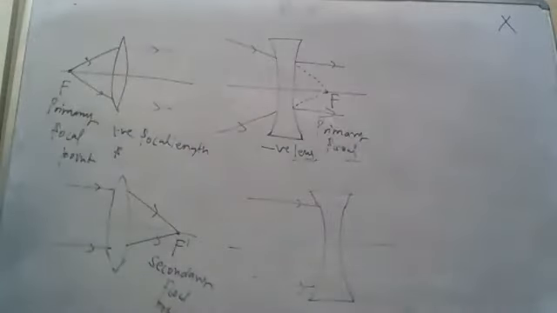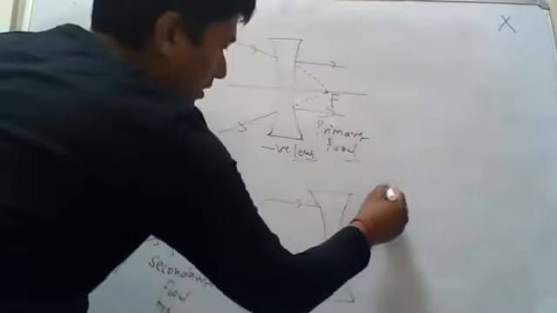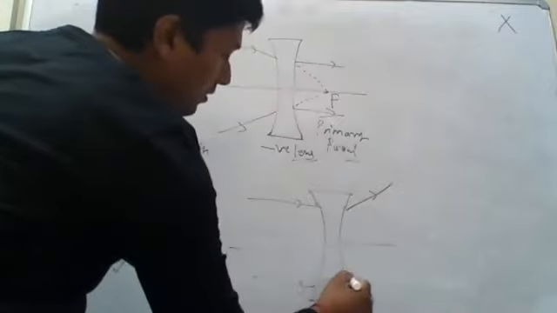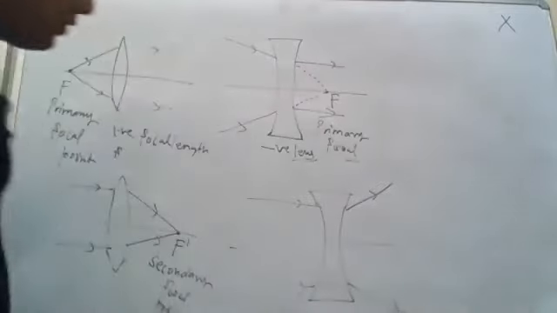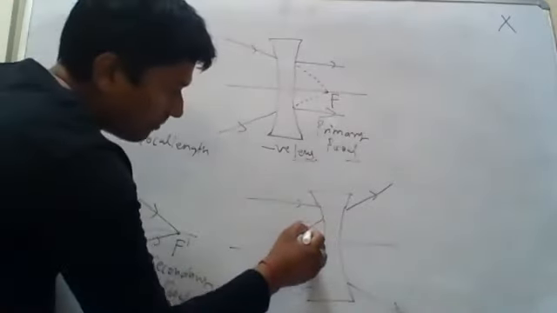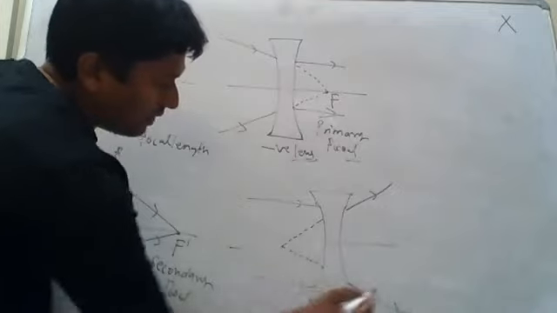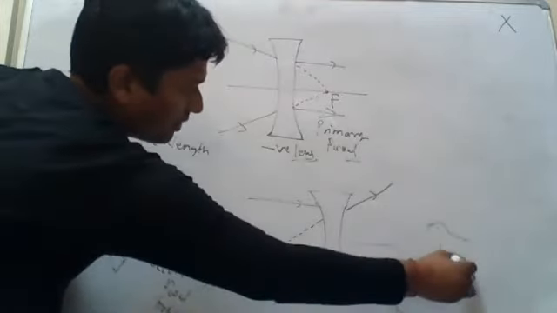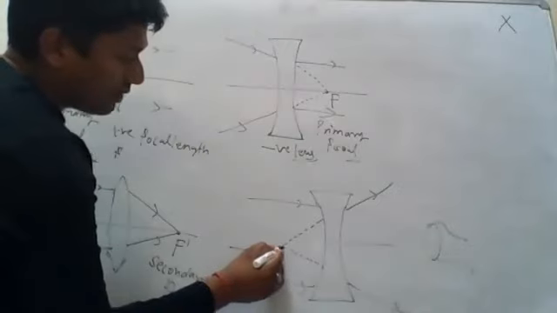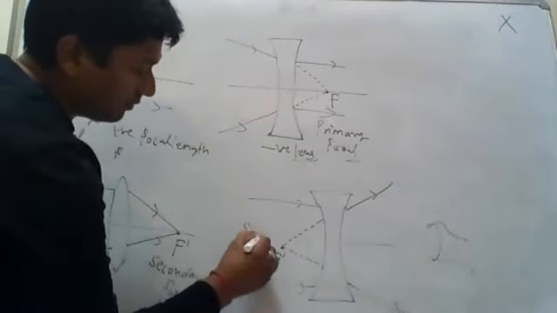The parallel line will become diverging. Here it was converging, so here it becomes diverging, and it will diverge in such a way that it seems to be coming from a focal point. If you see from here, this point is known as F prime, that is the secondary focal point.